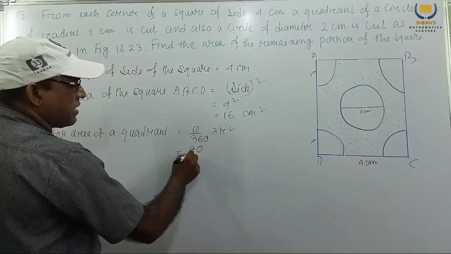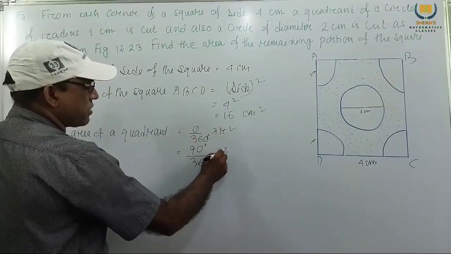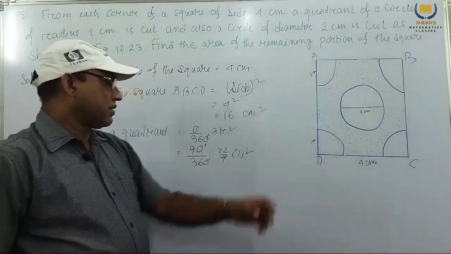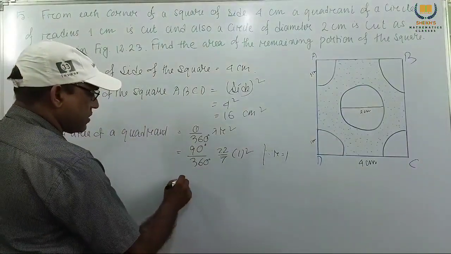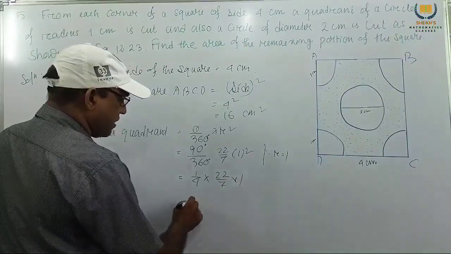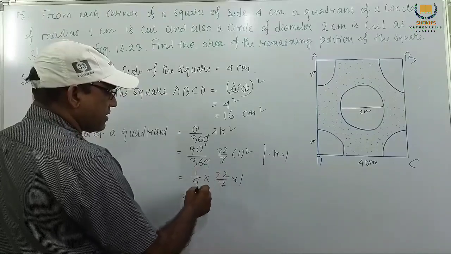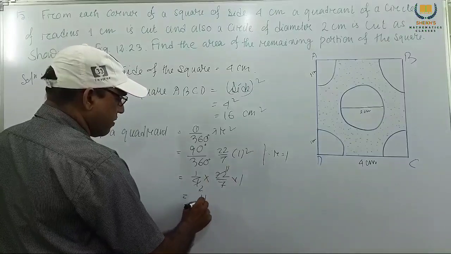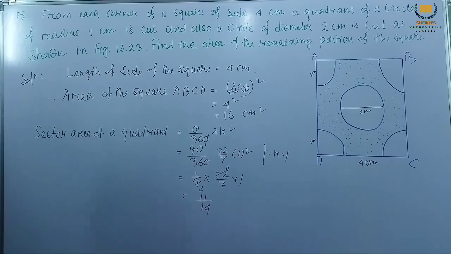Theta means 90 here, 360 degree, pi means 22 by 7, and r equal to 1. So this is 1 by 4, 22 by 7 into 1. Cancelling by 2, this is 11, so 11 by 14 we get. This is the area of a quadrant.